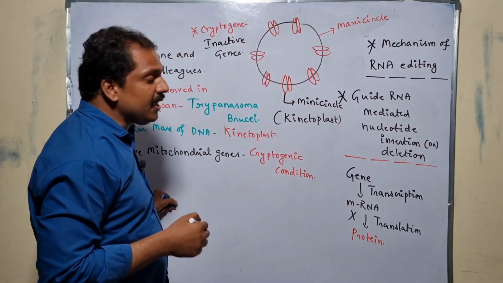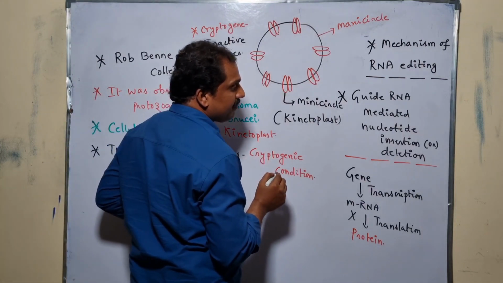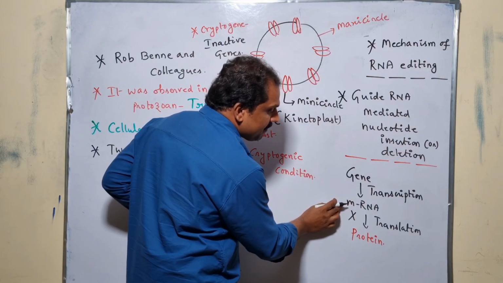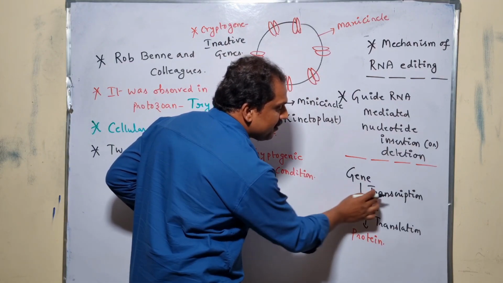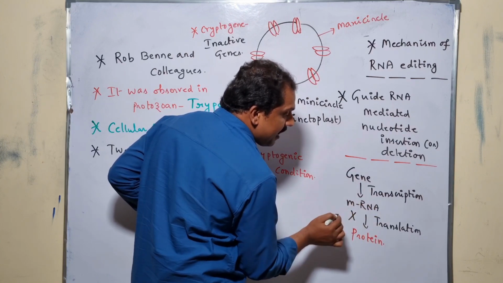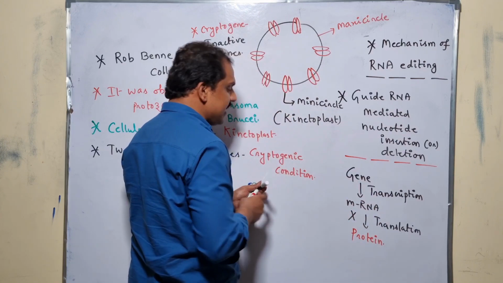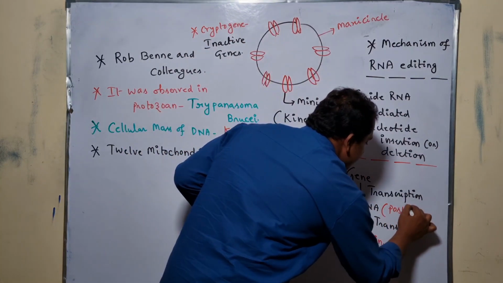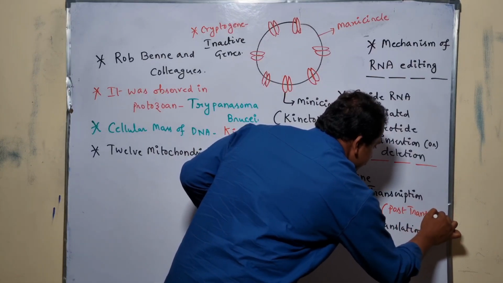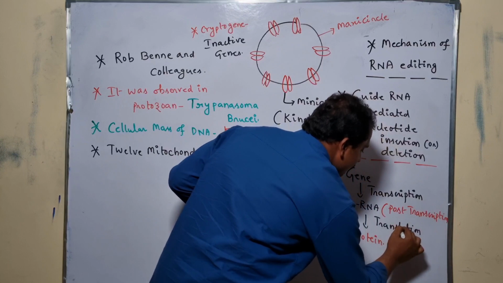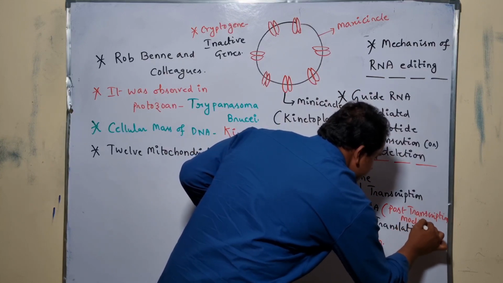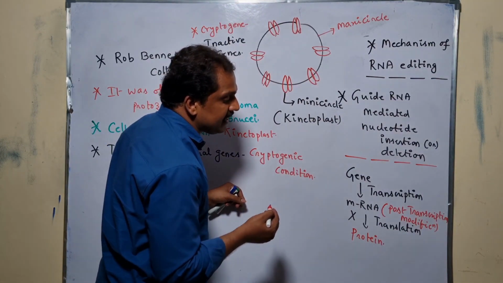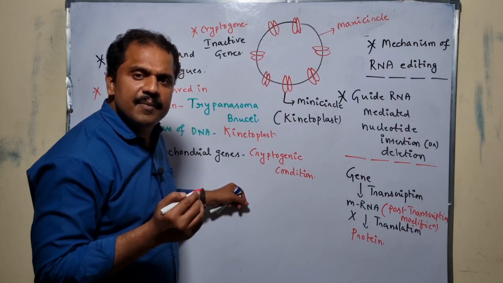Is it clear? But here, by taking the advantage of guide RNA, once the specific guide RNA comes into the picture, now the specific mRNA, after the successful synthesis of mRNA during the transcription mechanism, undergoes post-transcriptional modification. Is it clear? So here the post-transcriptional modification is nothing but RNA editing, guide RNA mediated editing.